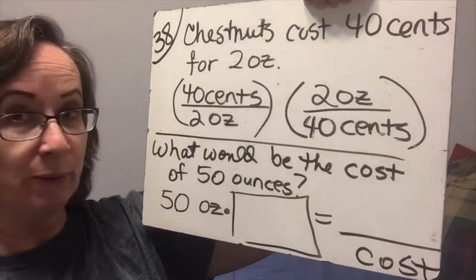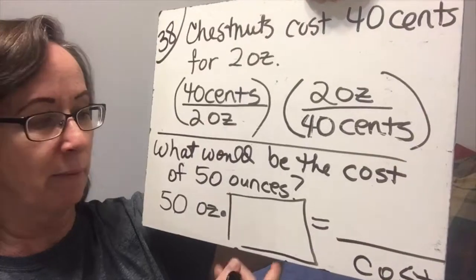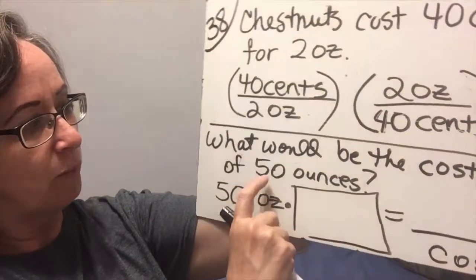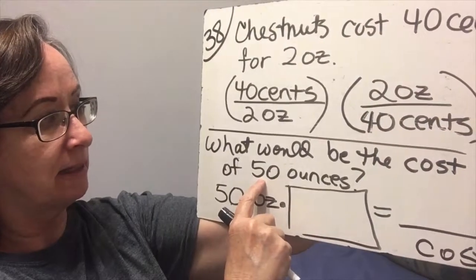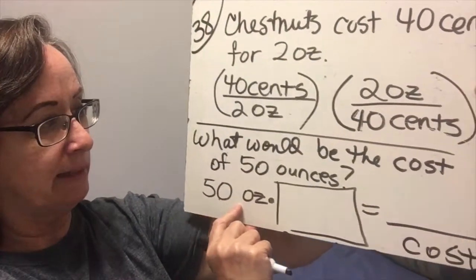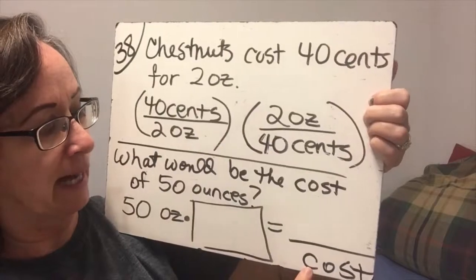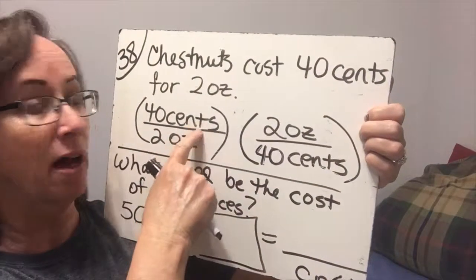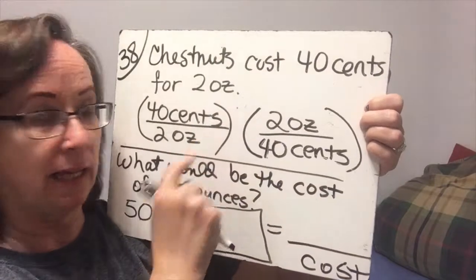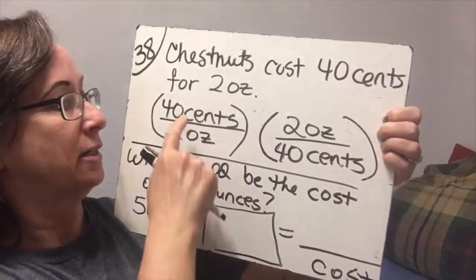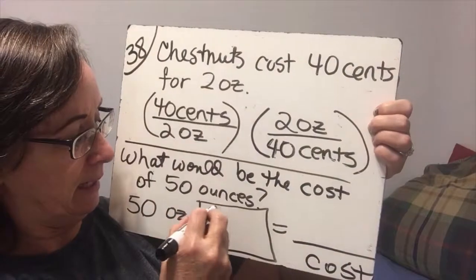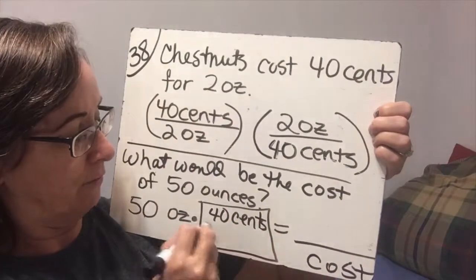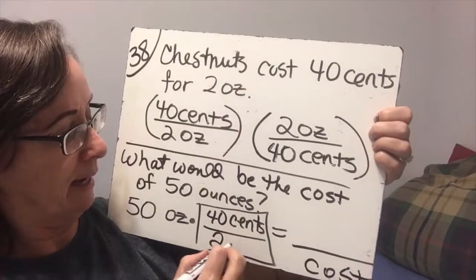Okay, so now we have 50 ounces going in, and we're looking out for cost. Since we want cost out, we want cost on the top of the unit multiplier. So we want this one, 40 cents over 2 ounces.